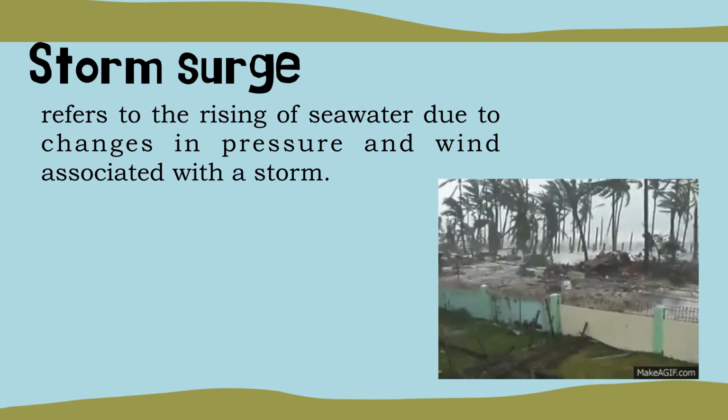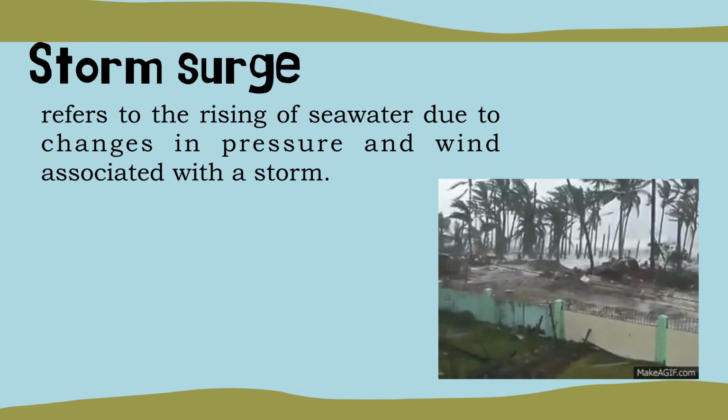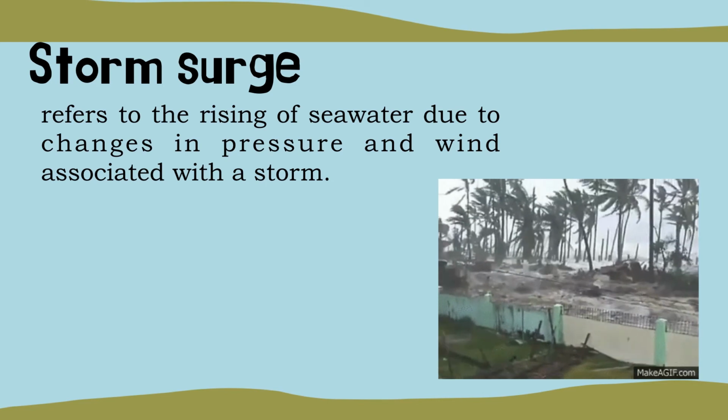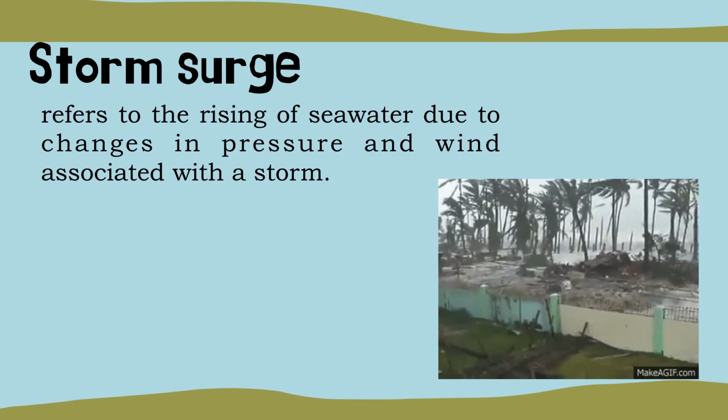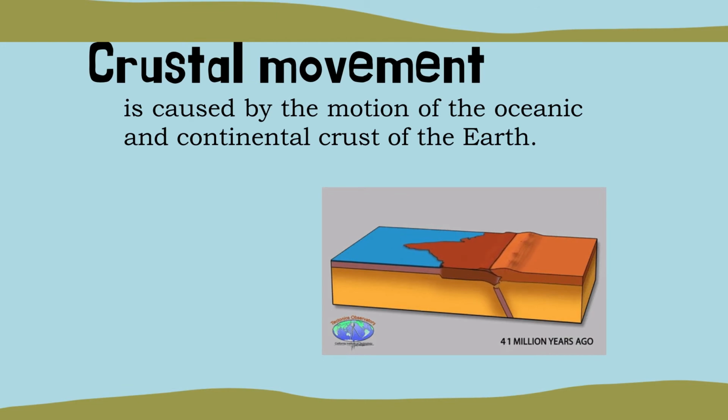Storm surge refers to the rising of seawater due to changes in pressure and wind associated with a storm. Lastly, we have crustal movement. Crustal movement is caused by the motion of the oceanic and continental crust of the Earth.